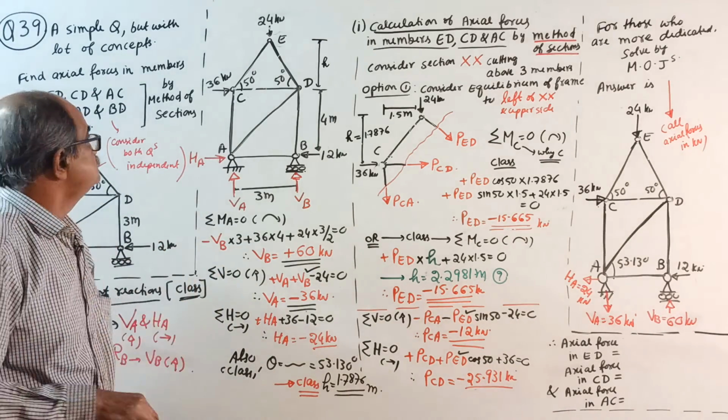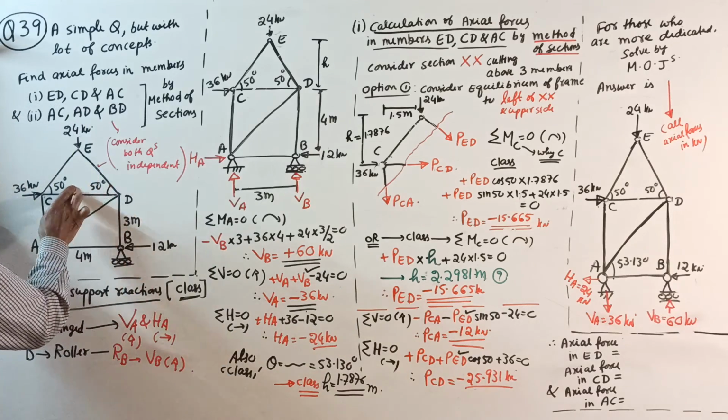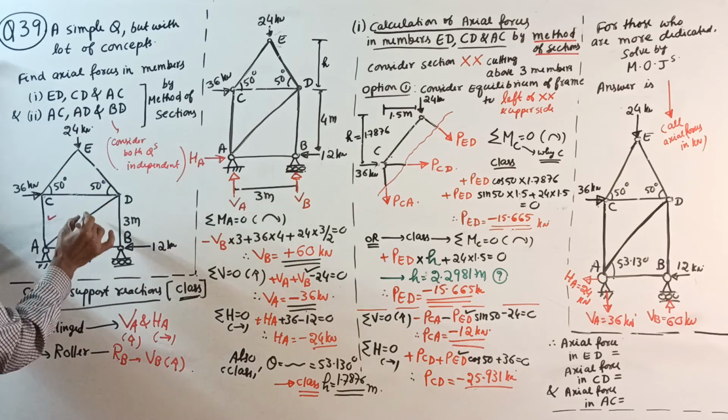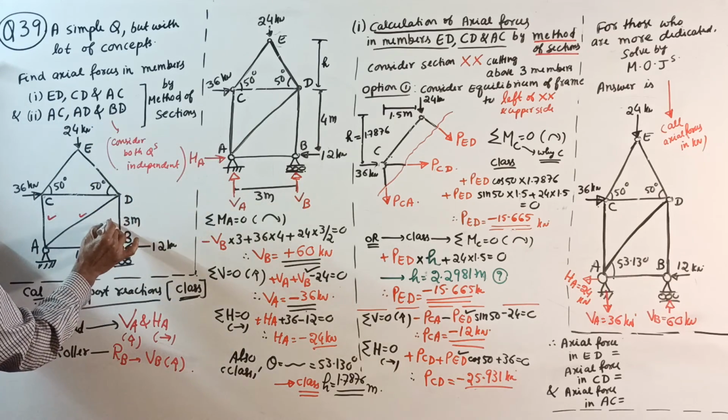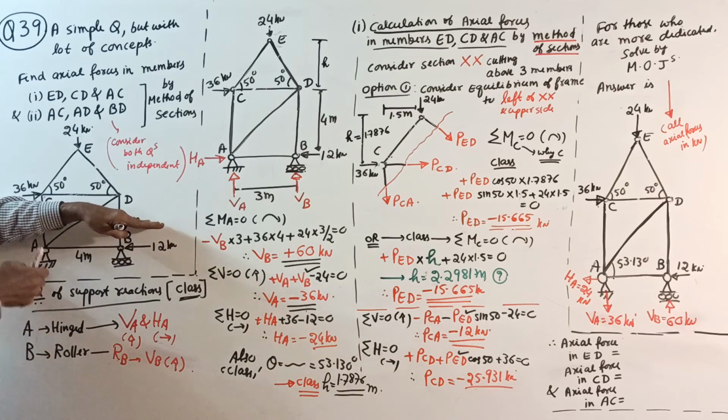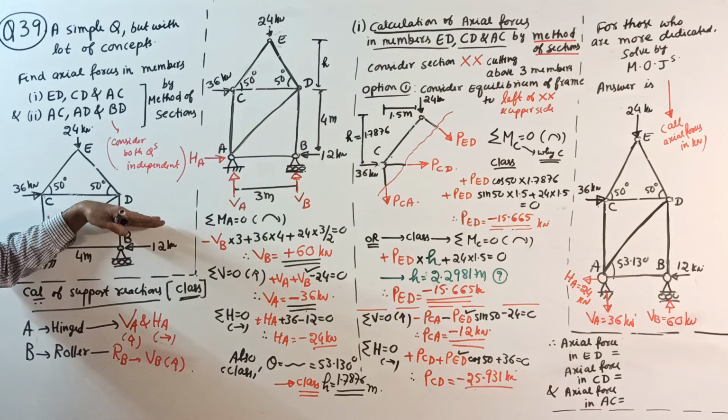Then, see, remove it here. Next members are AC, AD and BD. You will cut like this. You can look either upper side or lower side. Again here, if you look upper side, support reactions are not required.